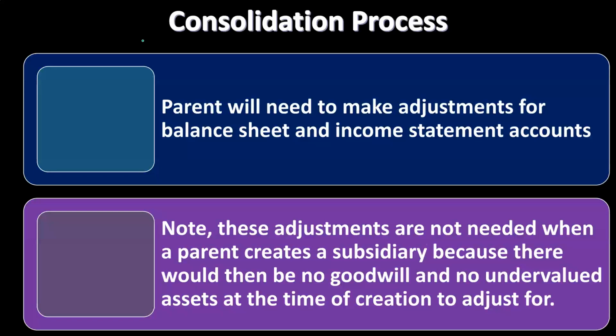Because you're going to have the parent's books reflecting an investment in the subsidiary at the fair value and the subsidiary's books reflecting the book value. Therefore, you'll have to do within the consolidation entries an adjustment for the balance sheet and income statement accounts that were affected.